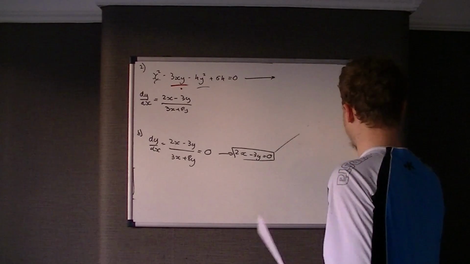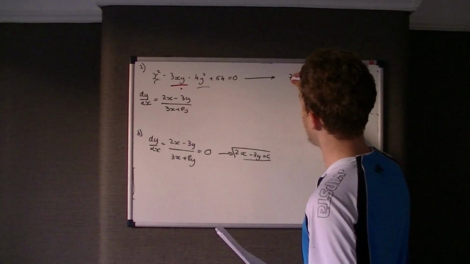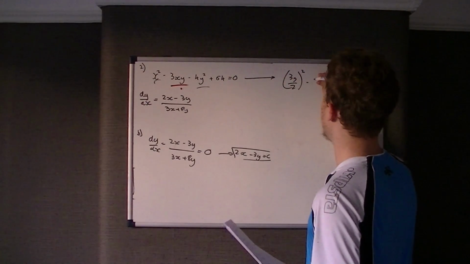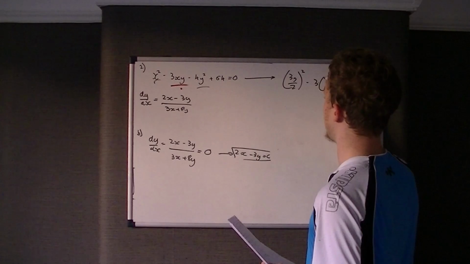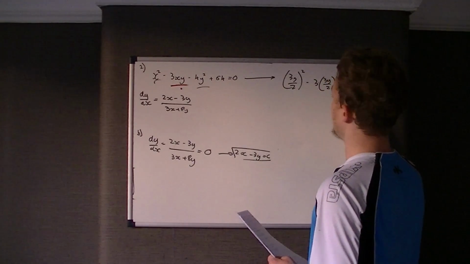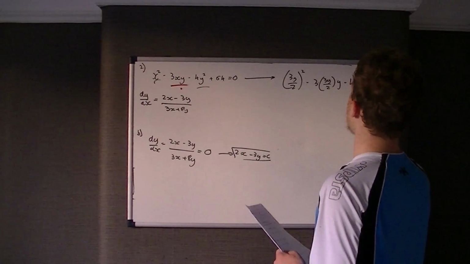Okay, so we know x is equal to 3y/2, so we just sub in, so that's (3y/2) all squared, take 3 times x, which is 3 times 3y/2, times y, take 4y squared, plus 64 is equal to 0.